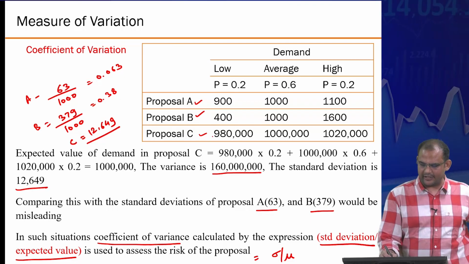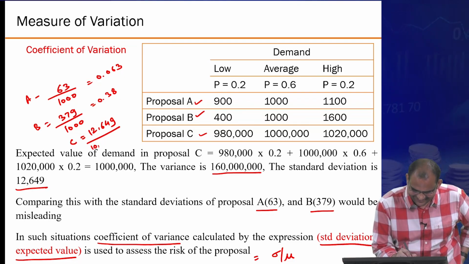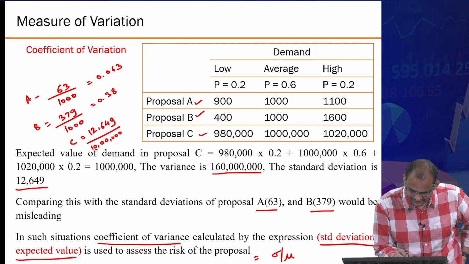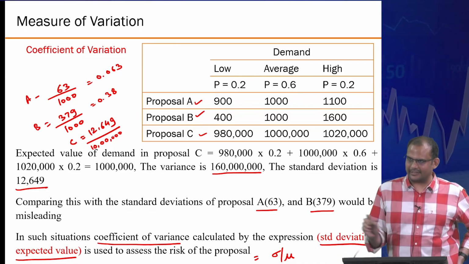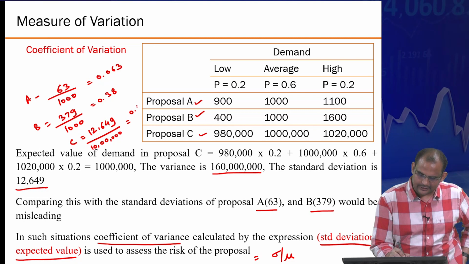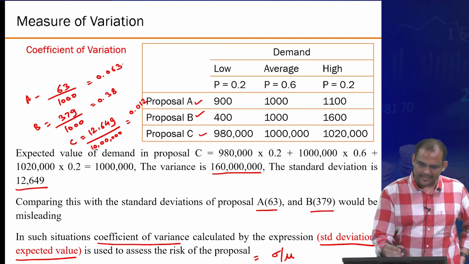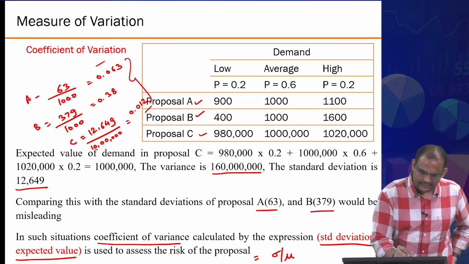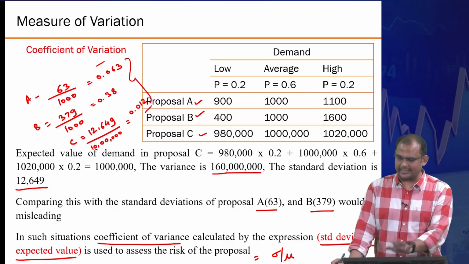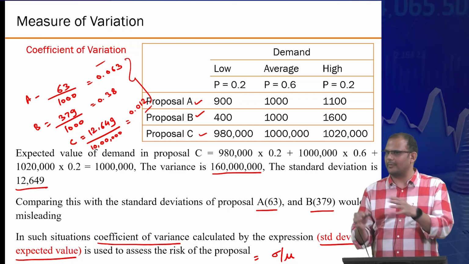What is the expected value of proposal C? Is it 10 lakh? 10 lakh is the expected value, and then this is coming out to be 0.012. So see, the normalized numbers are still in a comparable range compared to 12,649, 63 and 379. So this is a more normalized value.